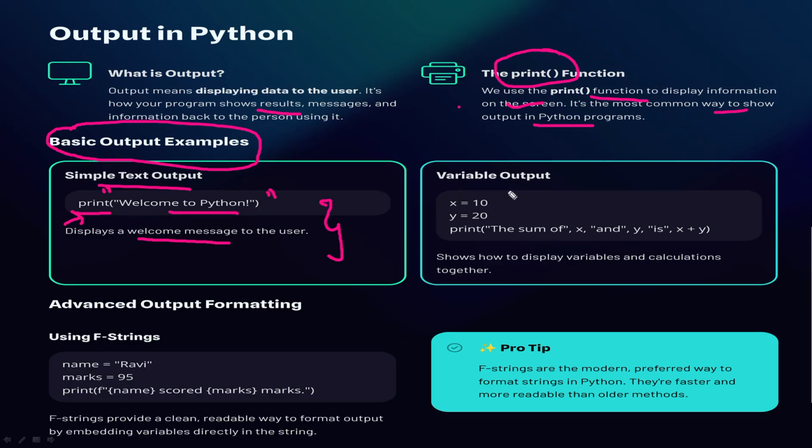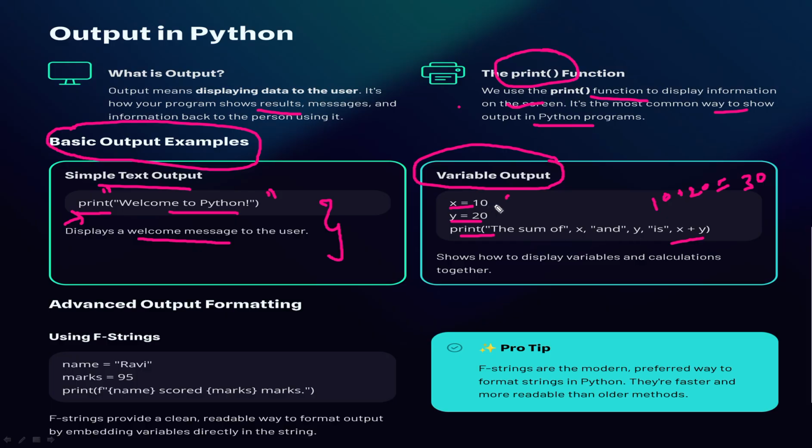Okay, now variable output. Variables are nothing but containers of data. Here x is equal to 10, then y is equal to 20. Print the sum of x and y is x plus y. Now the program should show the output: x is equal to 10 and y is equal to 20, so the output should come as 30, because we are using the output function print, then the sum of x and y.